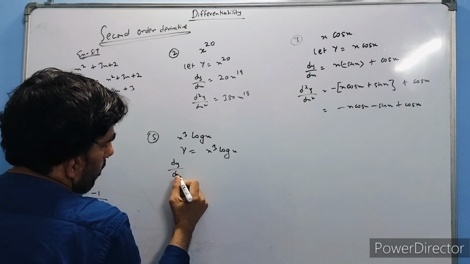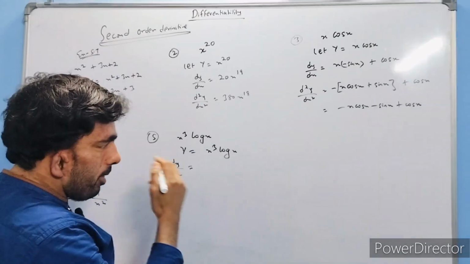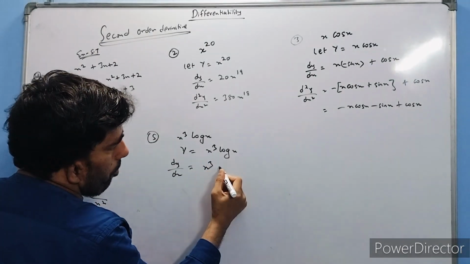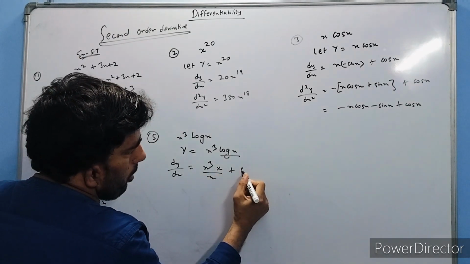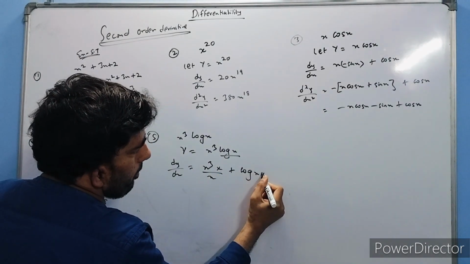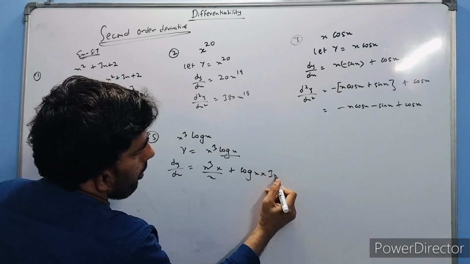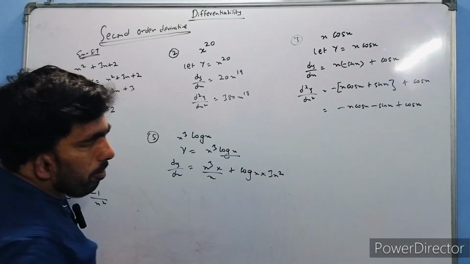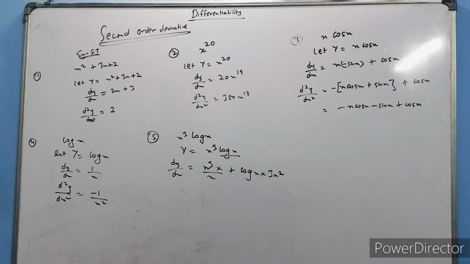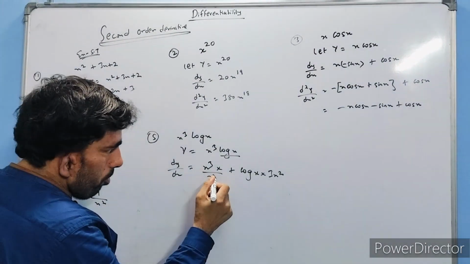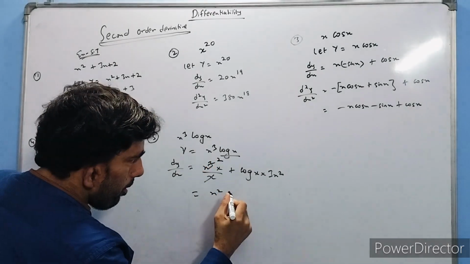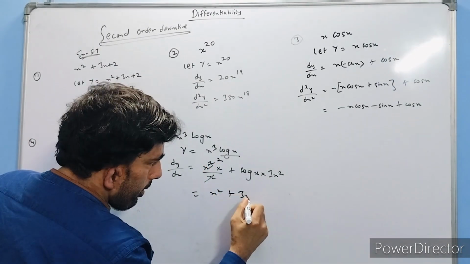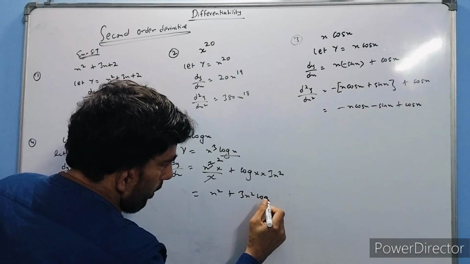First, x cube into differentiation of log x, which is 1 upon x, plus log x into differentiation of x cube, which is 3x square. So we have x square plus 3x square log x.